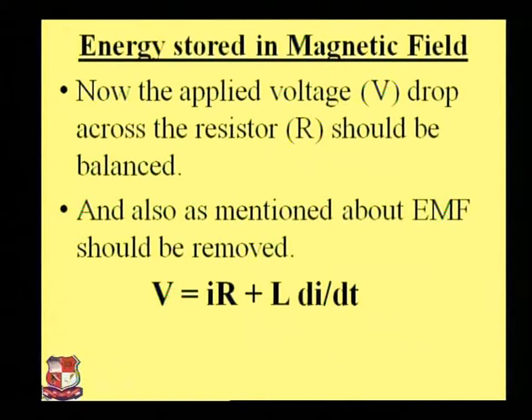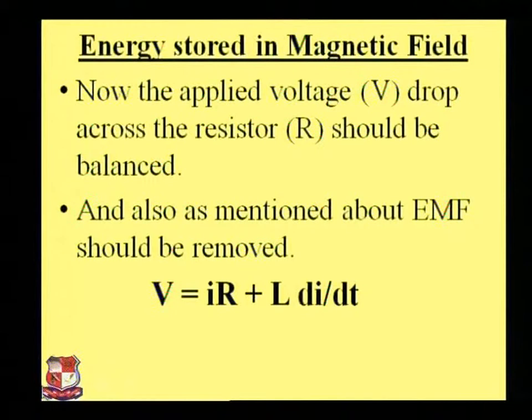Now the applied voltage V and the drop across the resistor R should be balanced. It means that whenever current passes through the coil, there should be a resistor, because the voltage drop across it should be maintained, or your device may be damaged.